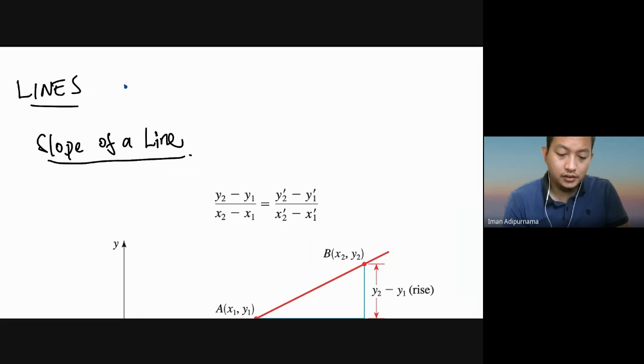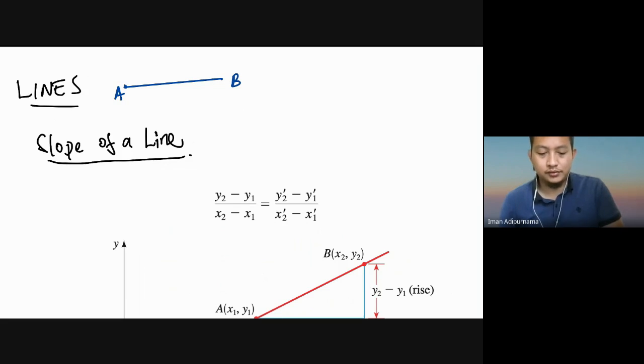If you connect two points, you can make a line from A to B. And how steep the line is, we call the slope.